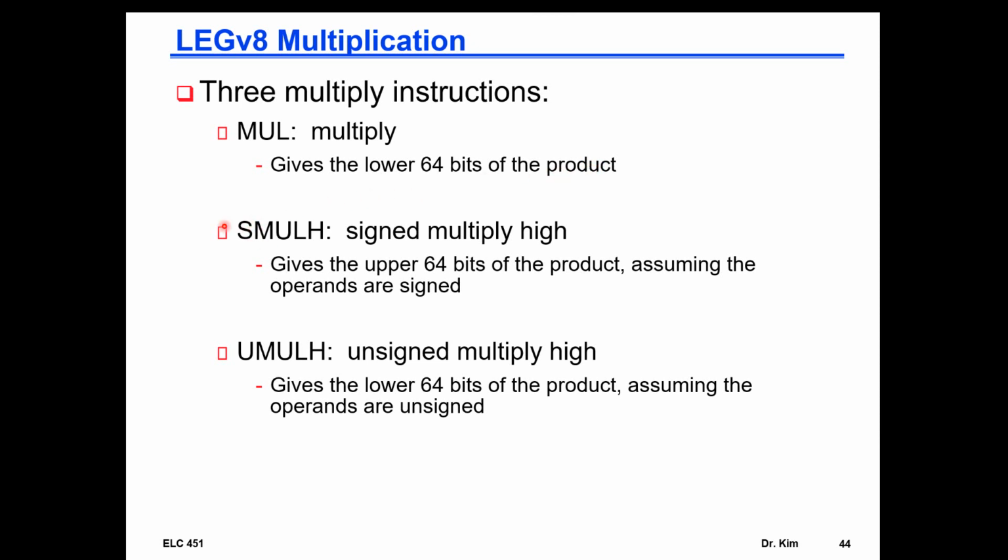We also have a signed multiply high instruction, and that yields the upper 64 bits of the product, and the assumption is that the operands are signed.